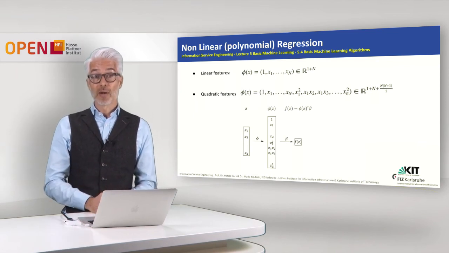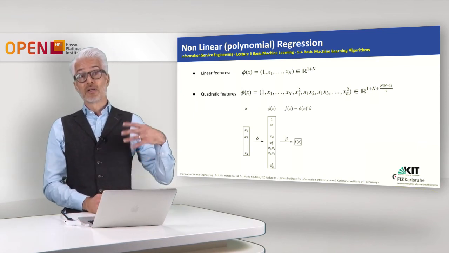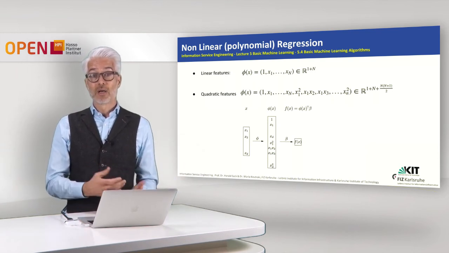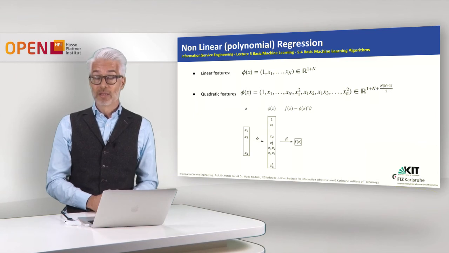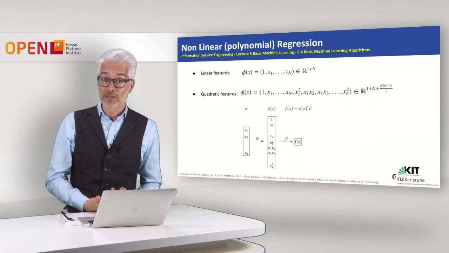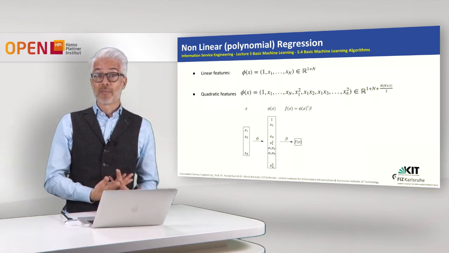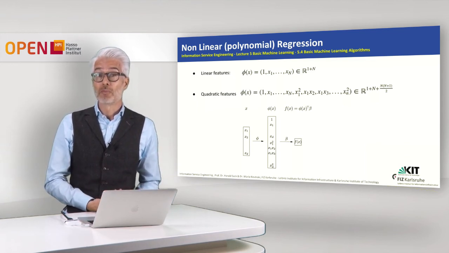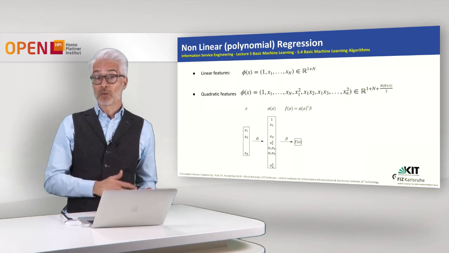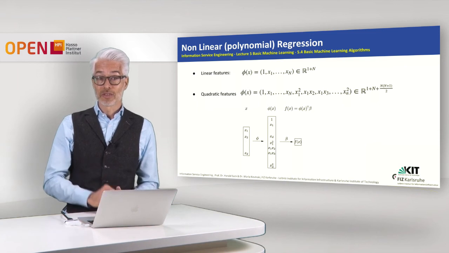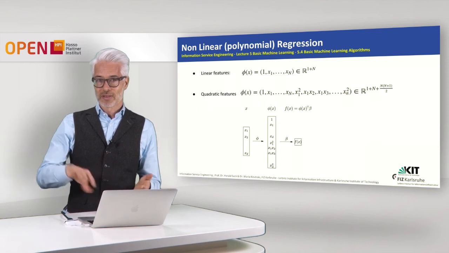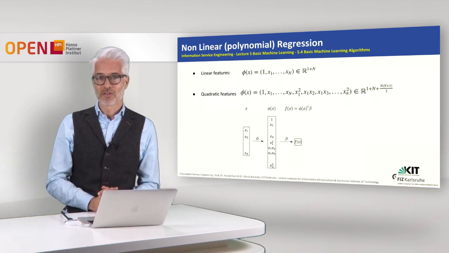But you have to keep in mind, for example, that if you are talking about linear features and you have n different features, then you are in the dimension n plus 1. And if you go one power higher, so if you go for quadratic features, you have to take into account all feature combinations, which in the end gives you a number that is exponential in the power of your features.